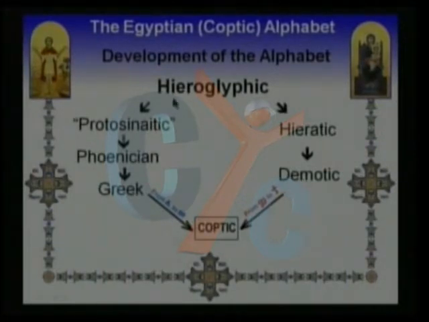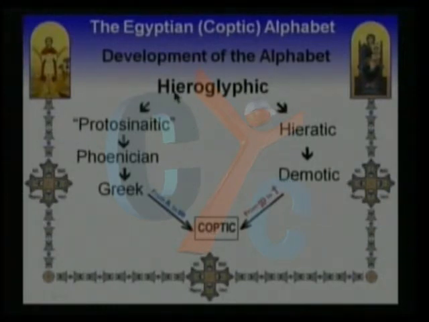But if you go back to the original letters, we'll find that the hieroglyphic, developed in Egypt about 5,000 years ago, was the origin of all Coptic letters. The last 7 are directly from the Hieratic and the Demotic and then the Coptic, so they are from the Egyptian alphabets directly.